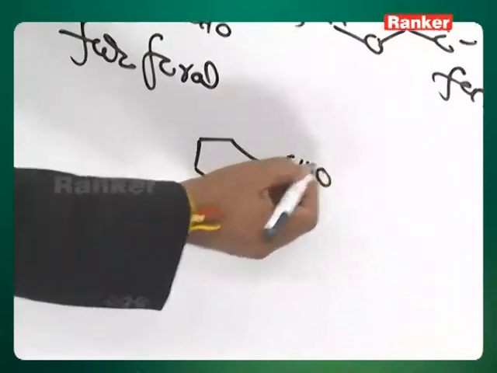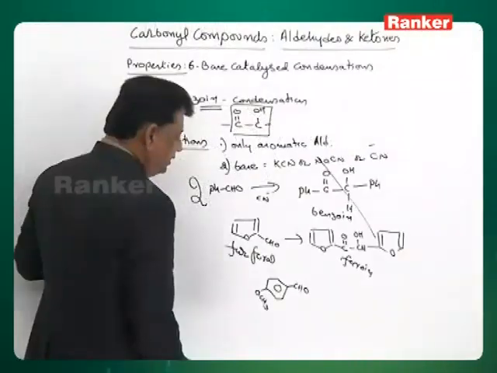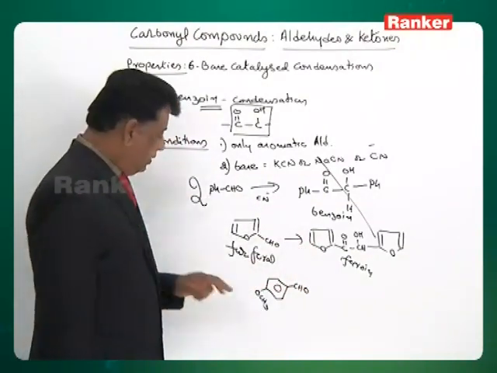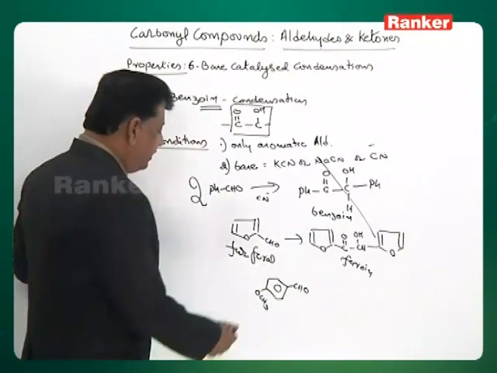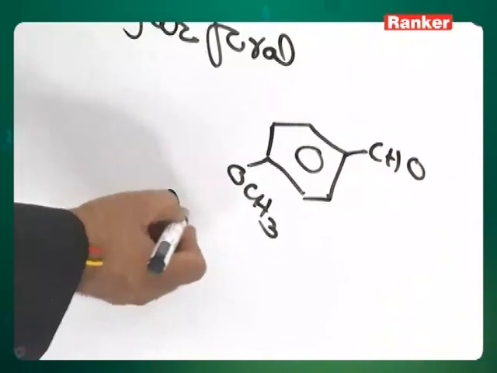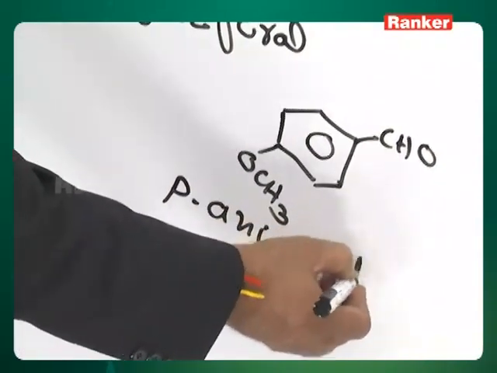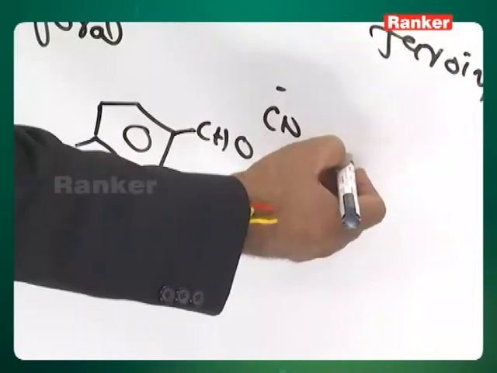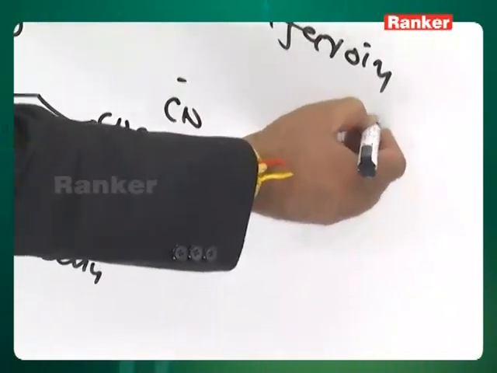Different types of compounds you can have this type of reaction. This is an aldehyde containing an OCH3 at the para position. If the aldehyde is not there, benzene with OCH3 is called anisole. The anisole with aldehyde is called anisaldehyde, and that too in para relation, therefore, para anisaldehyde. Para anisaldehyde, when treated with cyanide, again gives an anisoin.